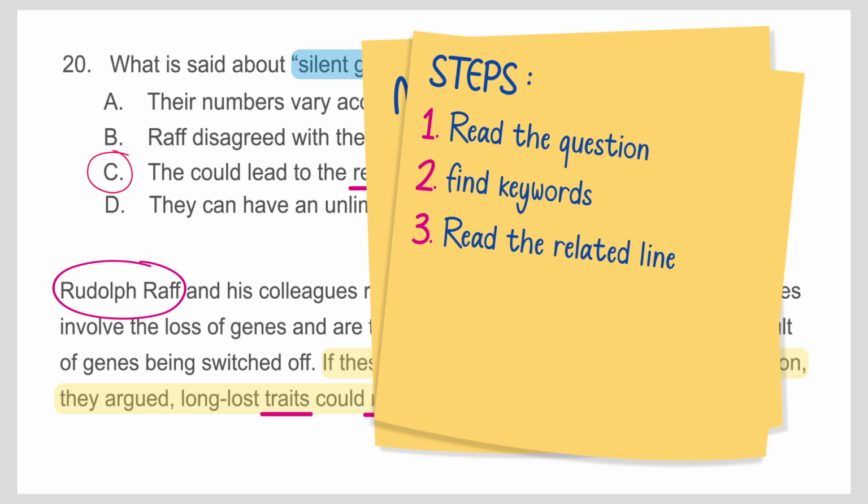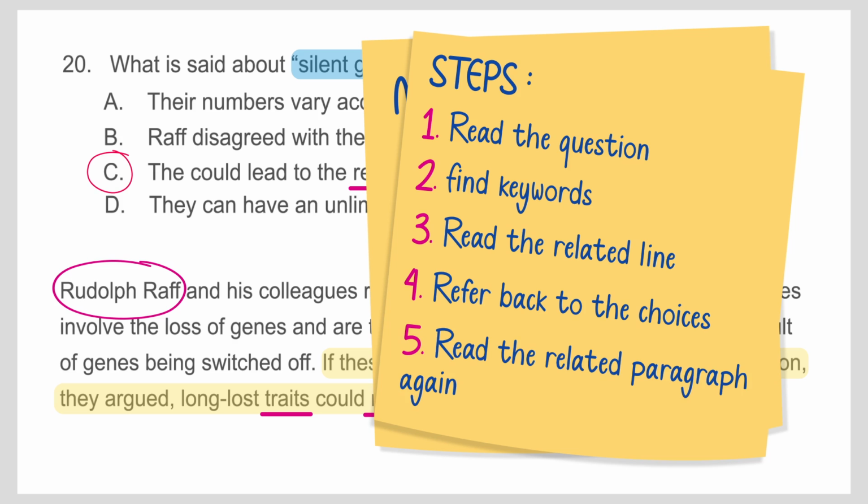And then after reading that sentence, you refer back to the choices and you read the 4 choices you have, right? And then again, you read the text, that paragraph, or that line in which you have found a keyword. All right? In this case, you will definitely find the correct answer.